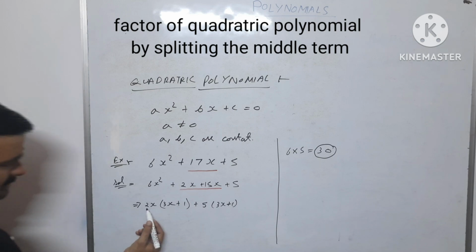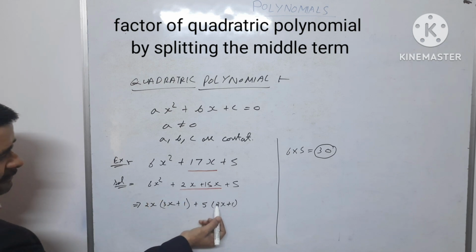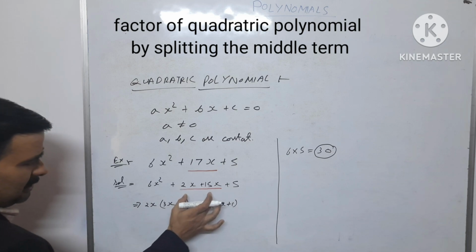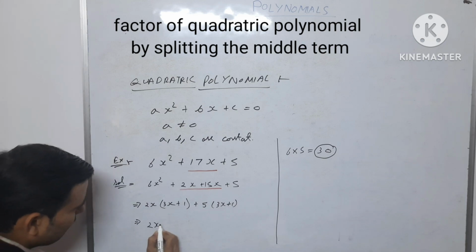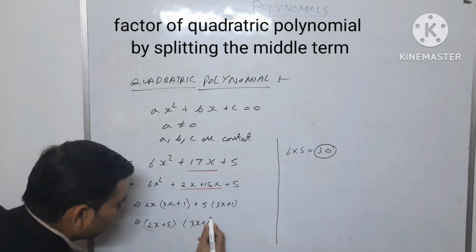If we multiply 2x into 3x, we get 6x square, plus 2x plus 15x plus 5. So what we have done is split the middle term. So we have factors 2x plus 5 and 3x plus 1.